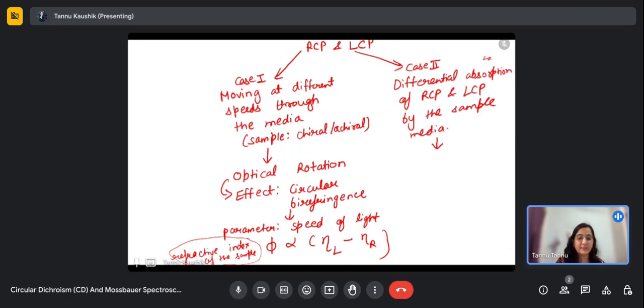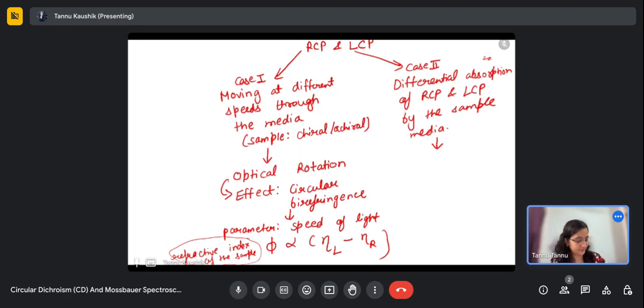So the incoming light falling on this sample will be differentially interacting with the sample, so that one of the enantiomers, we can say the left hand circularly polarized light, can pass at a faster speed than the right hand circularly polarized light. So there are different speeds at which these two types of light pass through the sample.